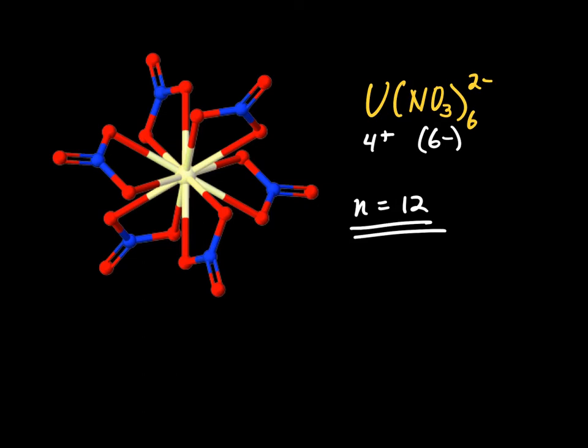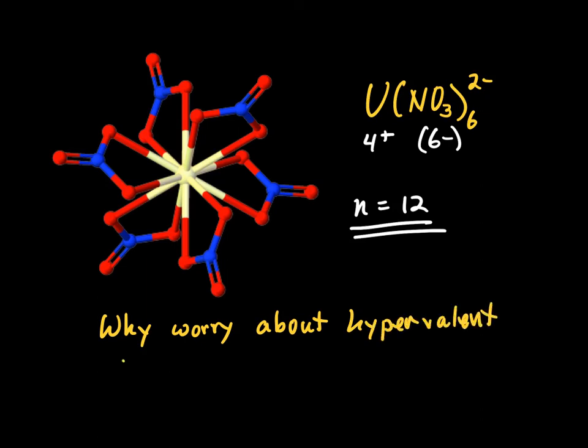Now you might wonder, why are we worried about these hypervalent species in organic chemistry? Because carbon only makes 4 bonds.